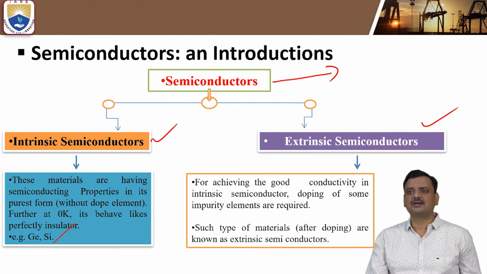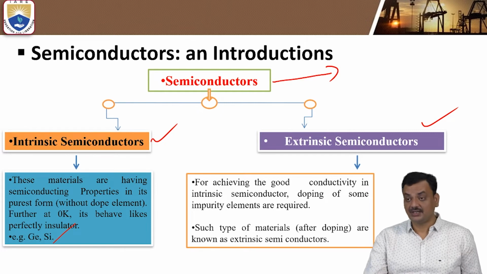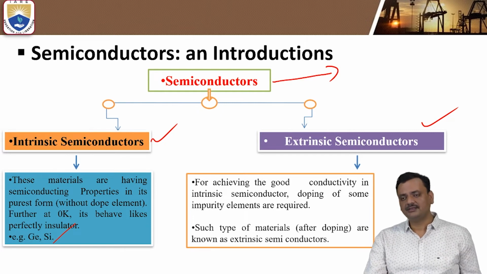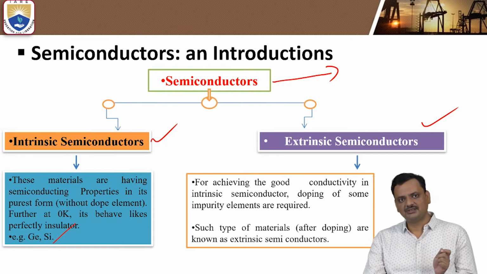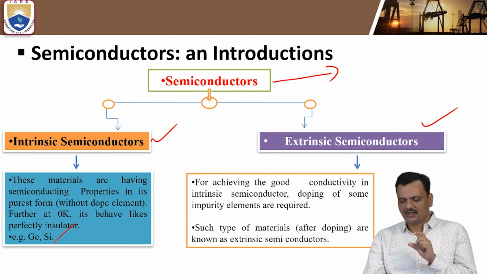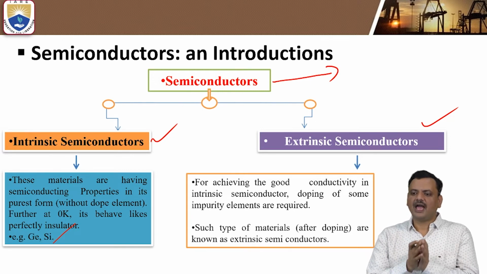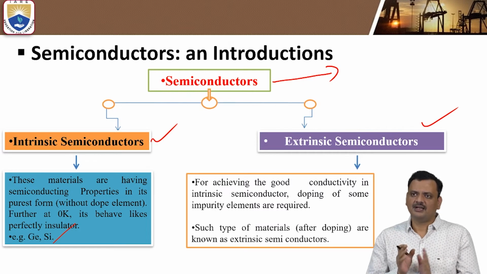The other class of semiconducting material is the extrinsic semiconductor. Extrinsic means we add some impurity atoms to the natural material, the intrinsic semiconductor, and derive a new class of material that is called an extrinsic semiconductor.